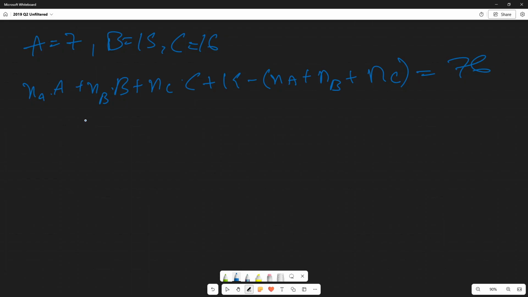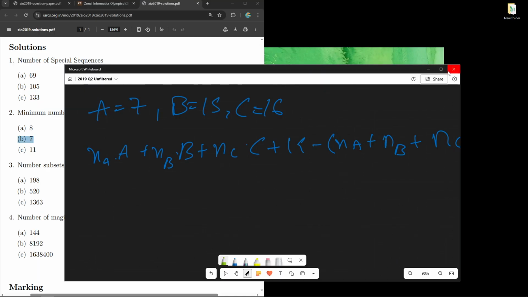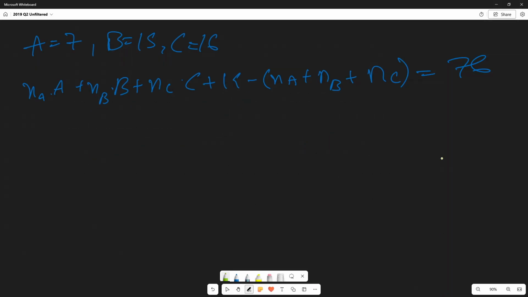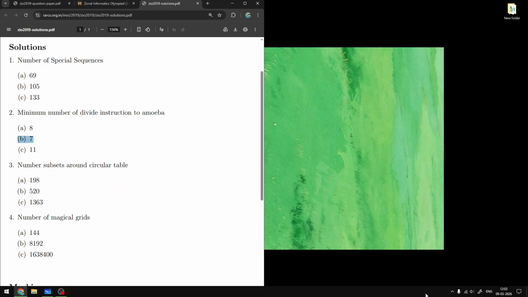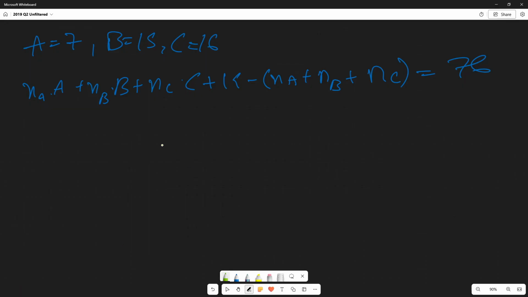What we can do is, again we have to get the least number, right?